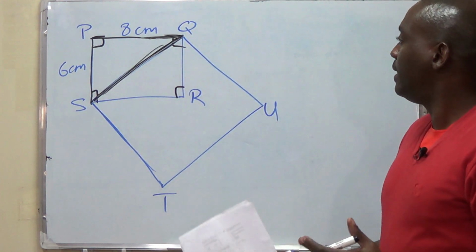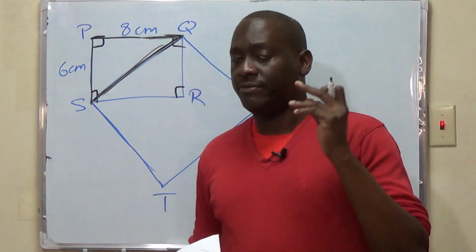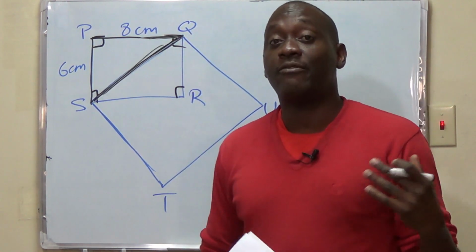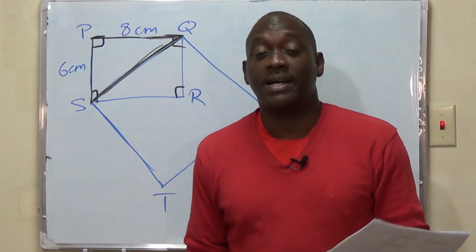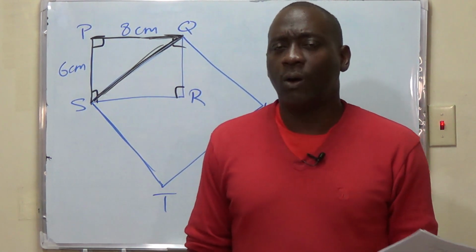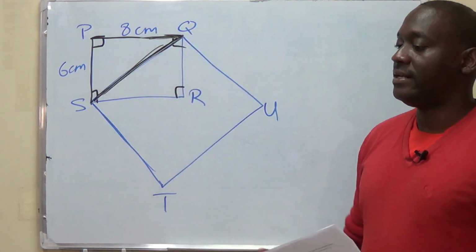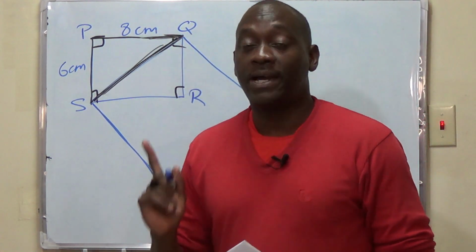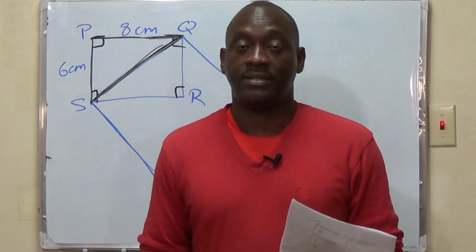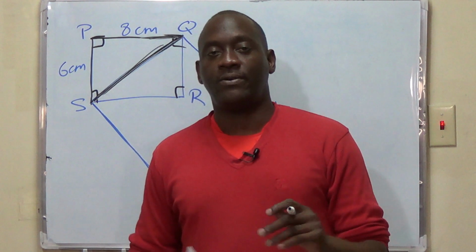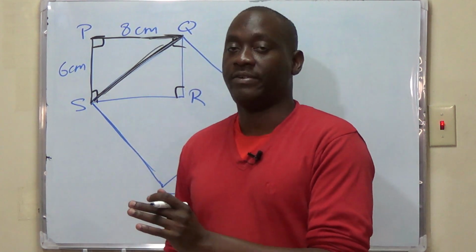Now, this is one of those questions where, depending on your level of stuff that you have recalled, you could get through this question in 10 seconds maximum, or it might take you a little longer if you didn't remember that 6, 8, 10 is one of what we refer to as the Pythagorean triplets, or the Pythagorean triples, as some people say, right? 6, 8, 10, of course, being a multiple of the basic 3, 4, 5 configuration.